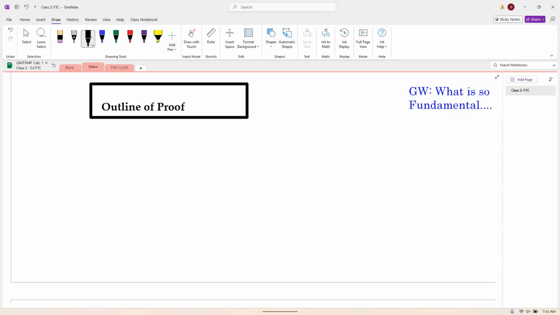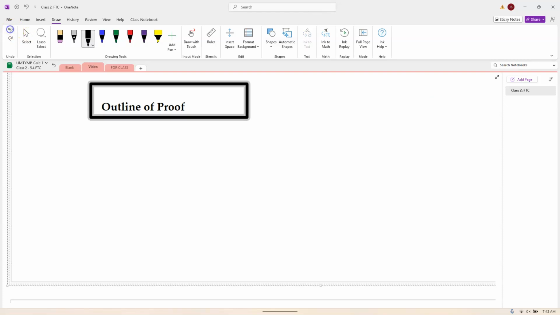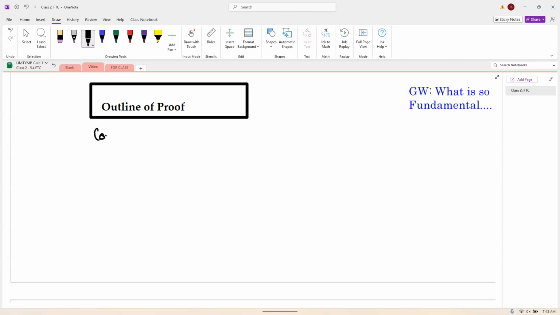But the idea is that we consider the interval xi to xi plus 1, where i is an element of the interval a, b.